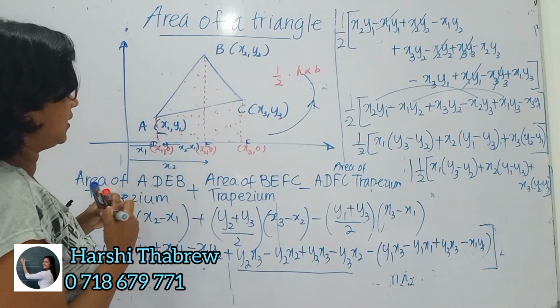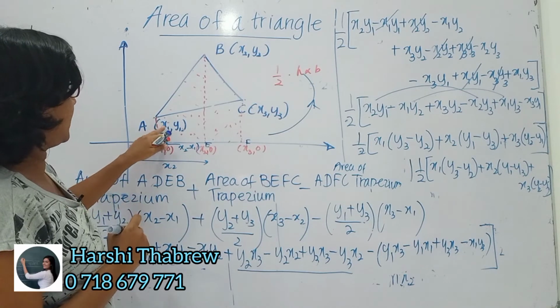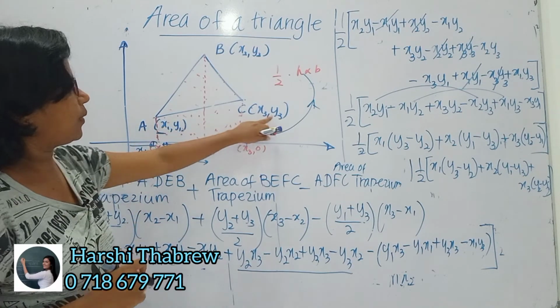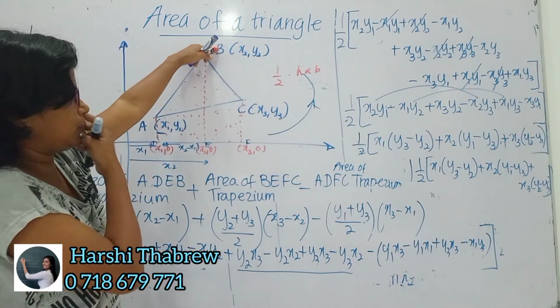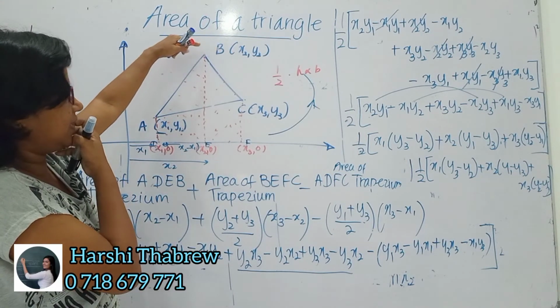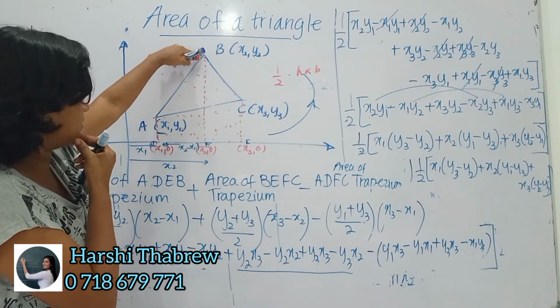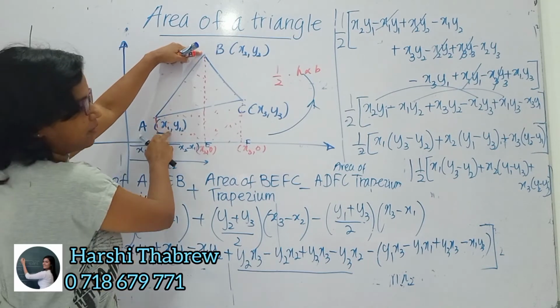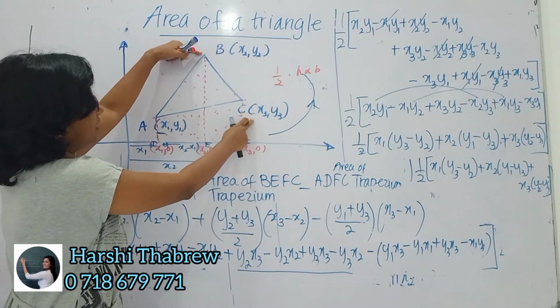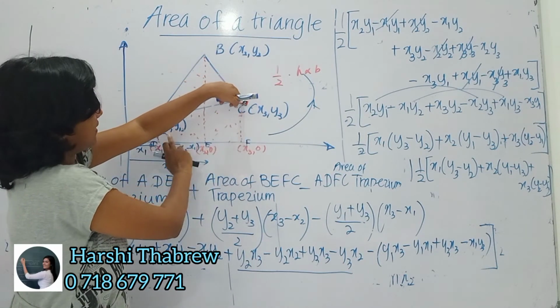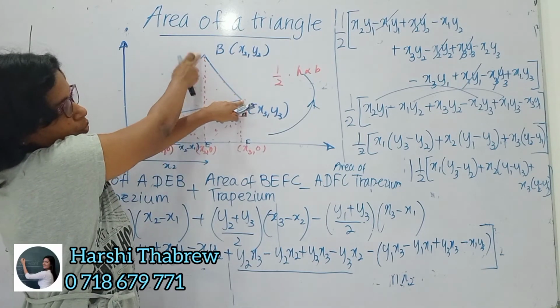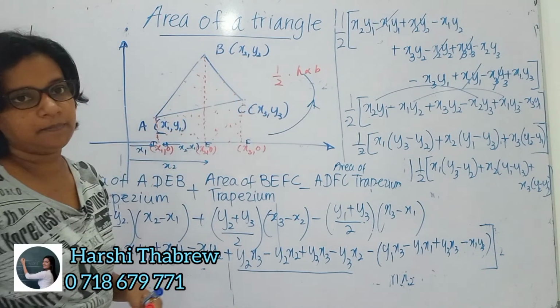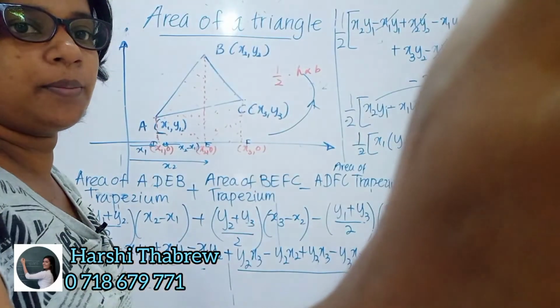Right? x1 times y3 minus y2, then x2 times y1 minus y3, x3 times y2 minus y1. Right? Copy down it.